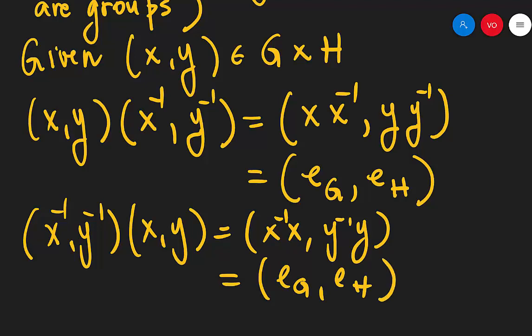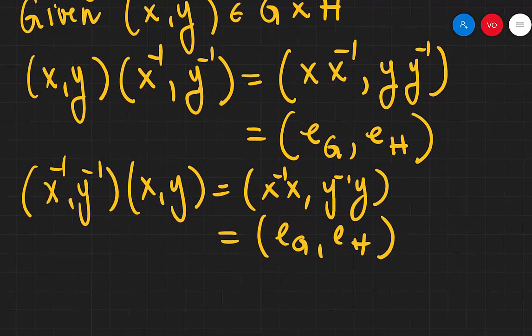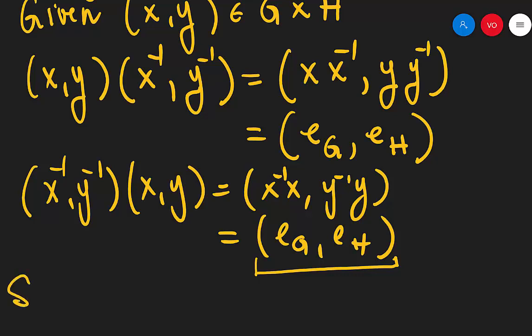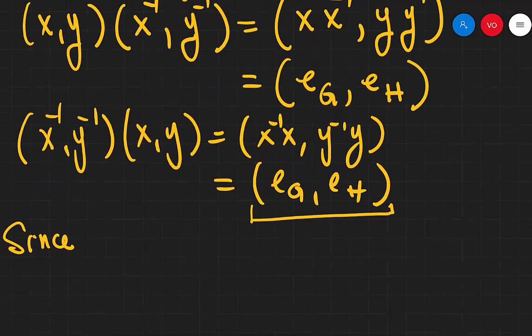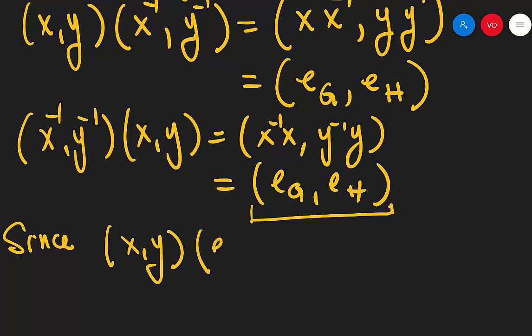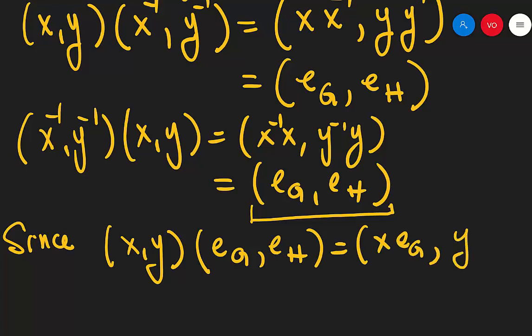Now, to conclude that these elements are inverses of each other, we'll need to show that this element here is the identity in G cross H, and this is certainly the case, since (x, y) combined with (e_G, e_H) will be (x e_G, y e_H), which is (x, y).